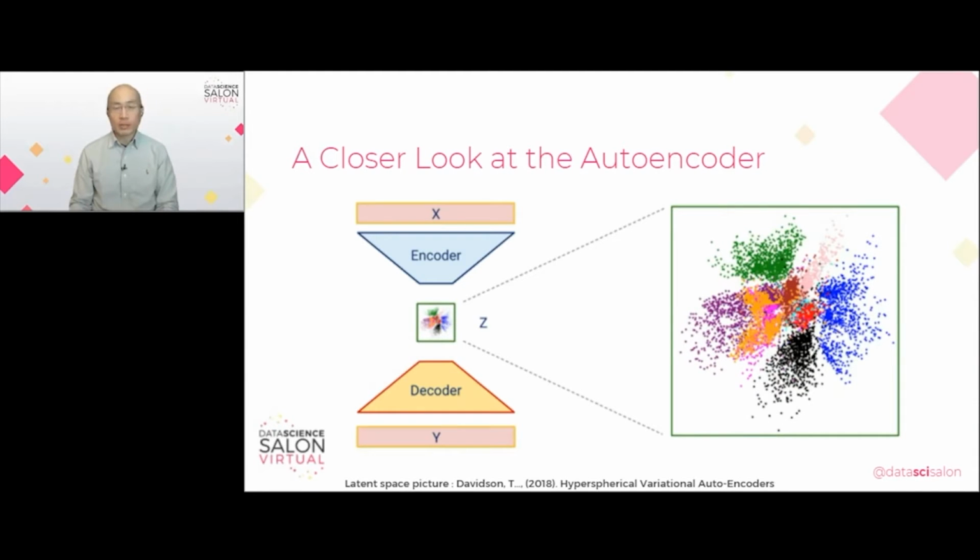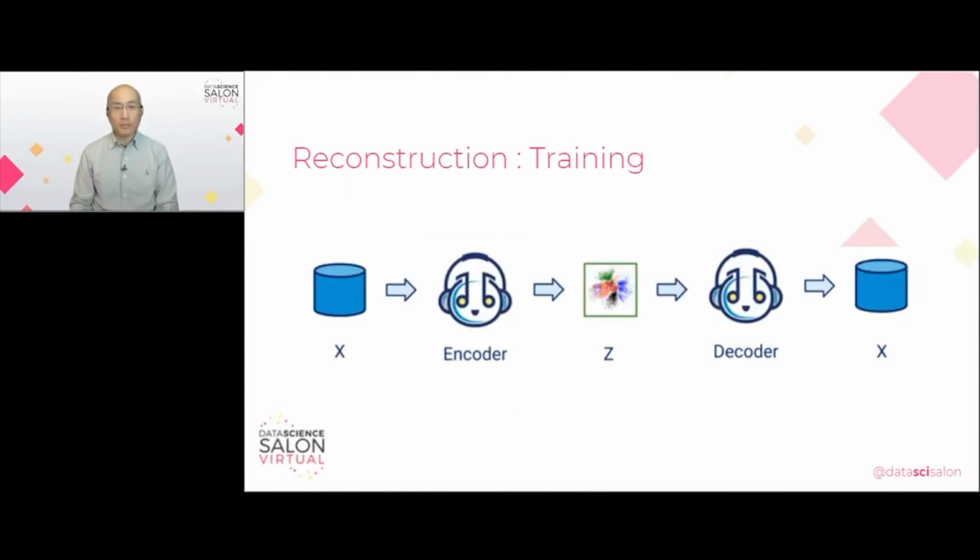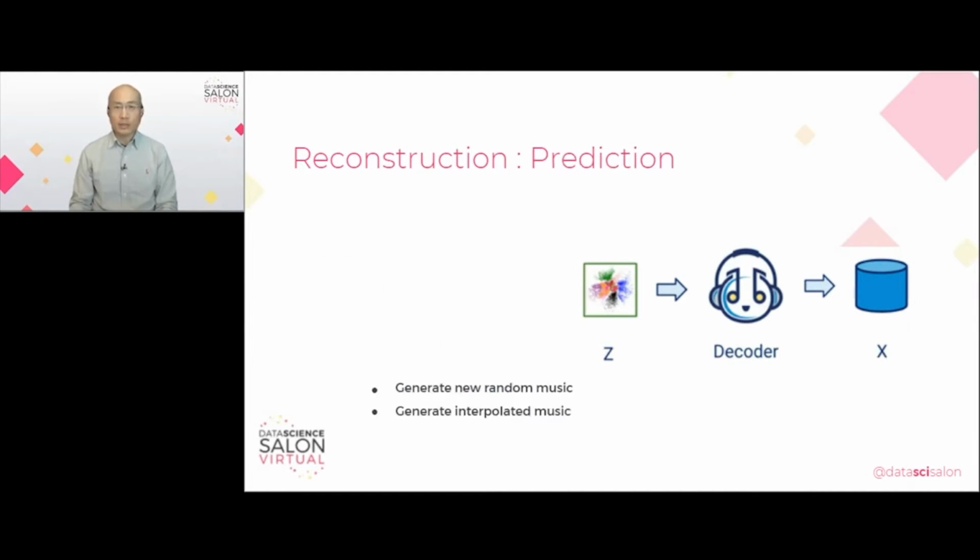Now, one popular technique when it comes to training the autoencoder is called reconstruction. What we're doing here is mapping X to Z and back to X, so the input and output mapping is exactly the same data set. What this allows us to do in prediction is remove the first half of the architecture and just use the Z to X mapping. This allows us to generate new random music.